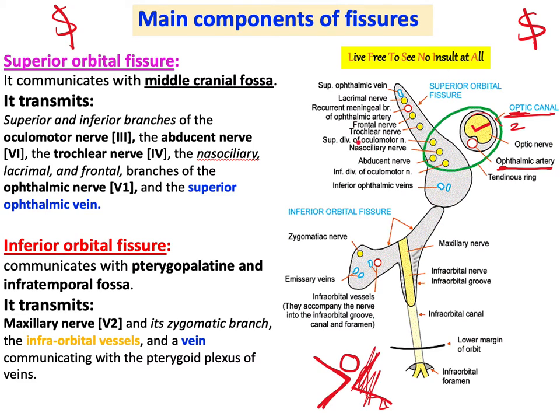Now, there is an easy way to remember these structures, abbreviated in this sentence: Live free to see no insult at all. Take the first letter of each word.